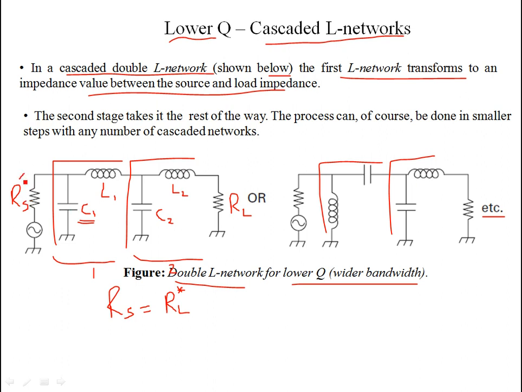So let's say RS in this case is 1000, and suppose you have to match this to a load resistance of, call it, 50 ohms. If it were a single L section, forget about the second L section, your shunt reactive element is supposed to come across 1000 ohms, which is the higher. And then the series reactive element, L or C, comes across the 50 ohms.